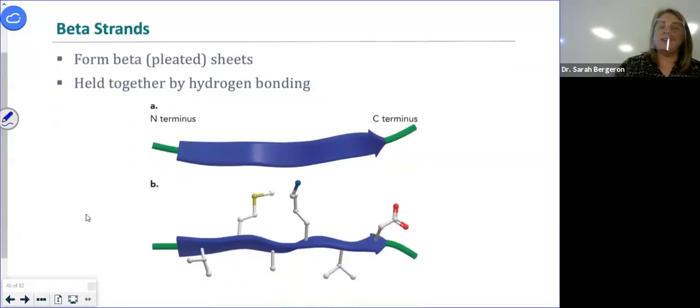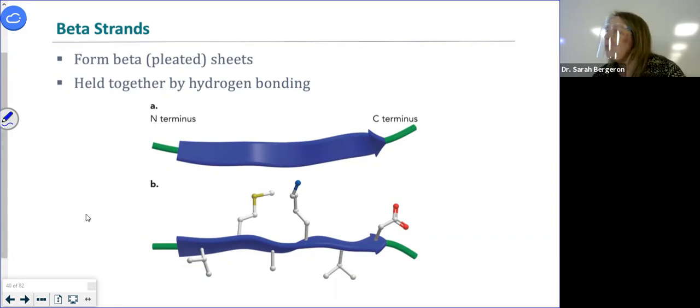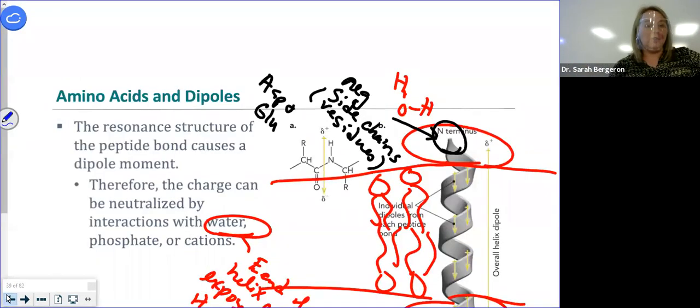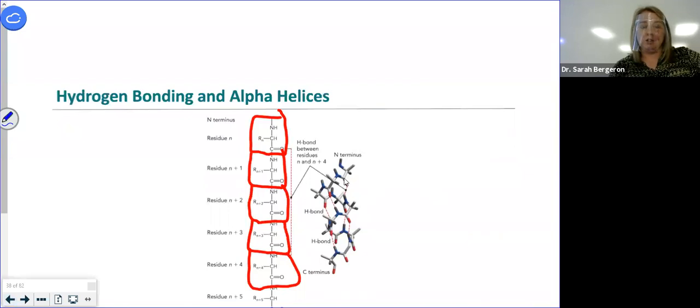Okay, here's our second major class of secondary structures, beta sheets. So beta sheets are, again, a very highly structured secondary component of protein structure. A beta sheet is more like that stretched out foam cord. Do you see how much farther apart those residues are in the beta sheet versus an alpha helix, where they are tightly packed?